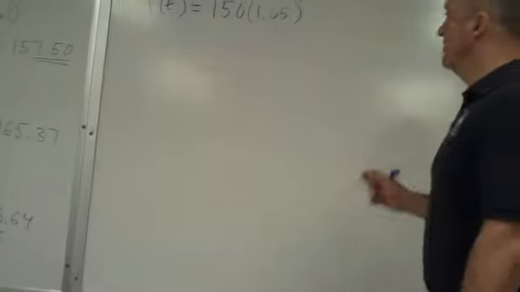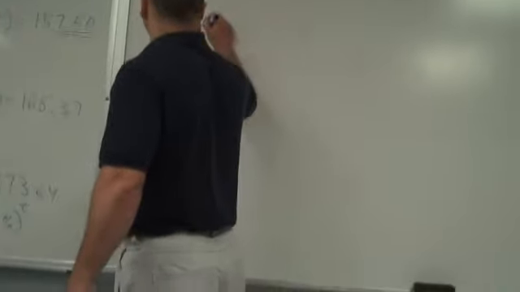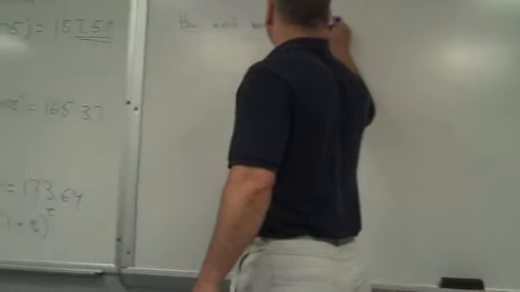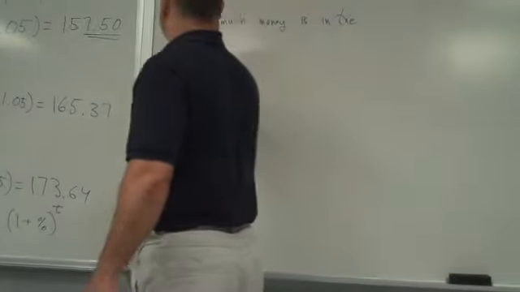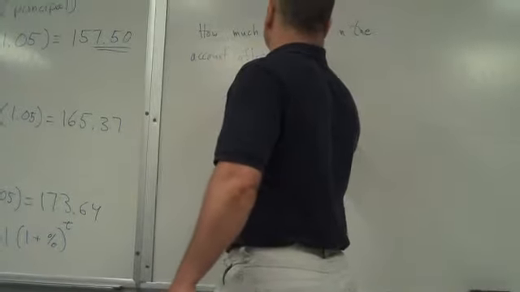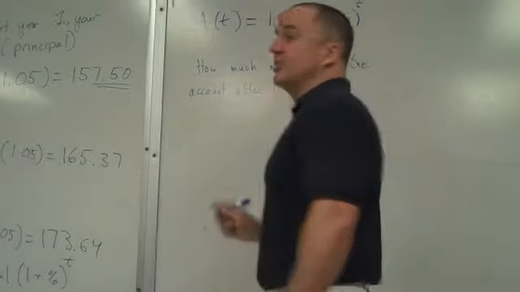So this would be the model, and now I can ask you questions like, how much money is in the account after 11 years? Now, there are 2 ways to do this.